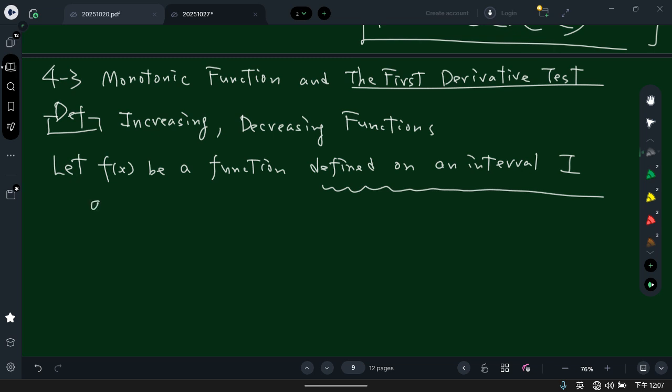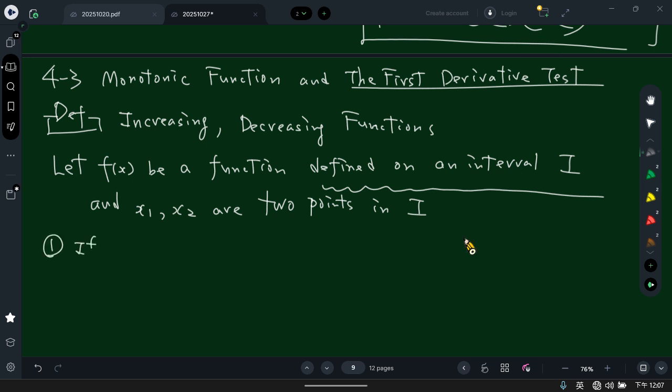And if S1 and S2 are two points in I, so in this interval I just pick up one point S1 and the other point S2.